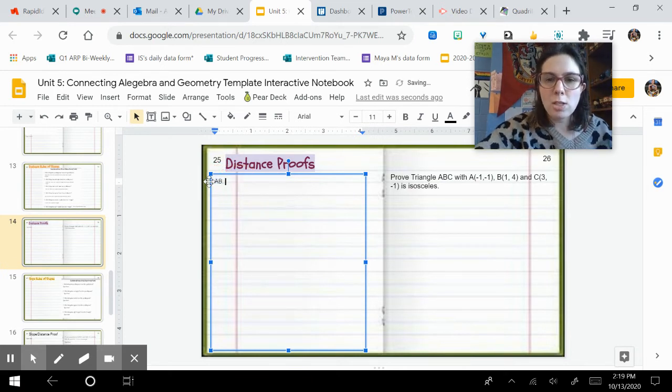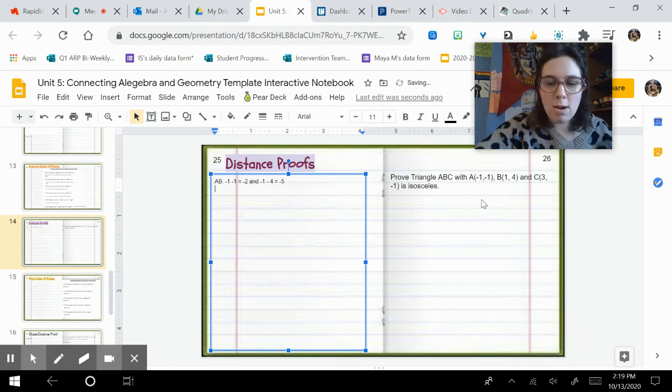AB is (-1, -1) and (1, 4). So -1 minus 1 is -2, and -1 minus 4 is -5. Again, remember the negatives don't matter because when we square them, they'll go away anyway.